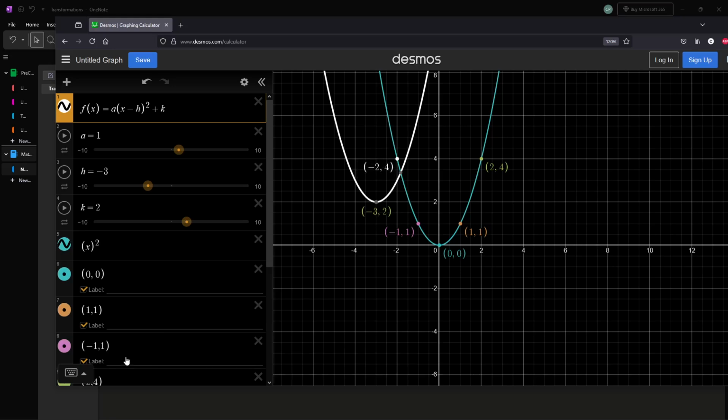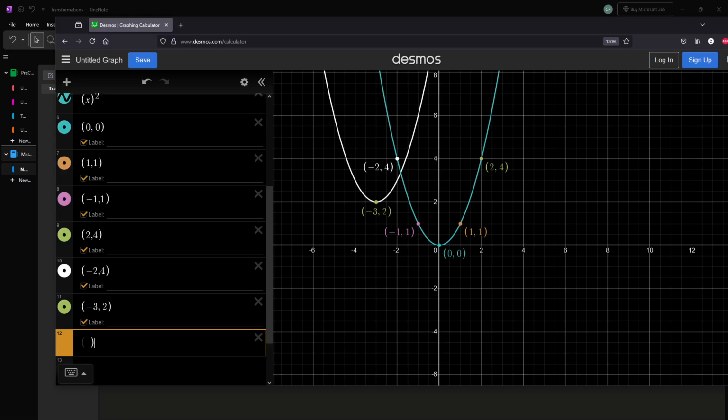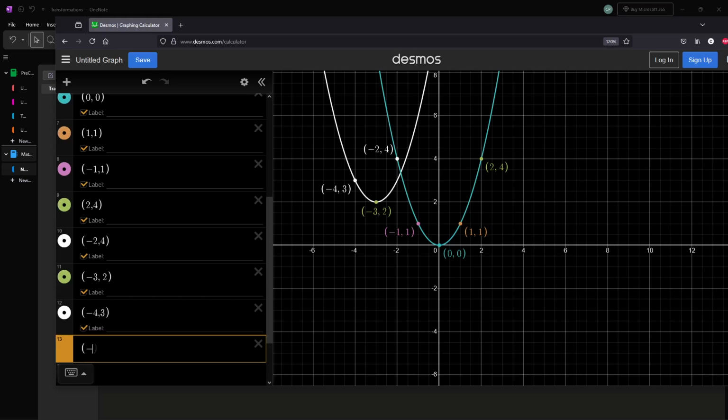So what I did for translating my graph, I moved these points, and I found my points for this new graph by getting my vertex, moving my vertex to the left and up, and going from my vertex to find my next ones.